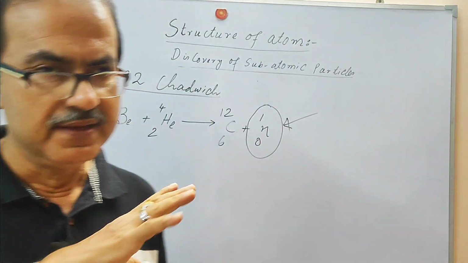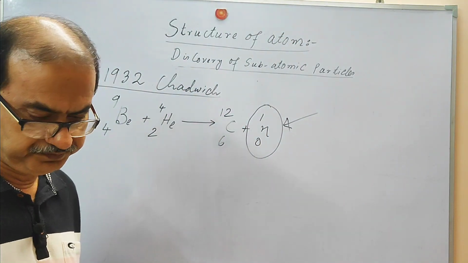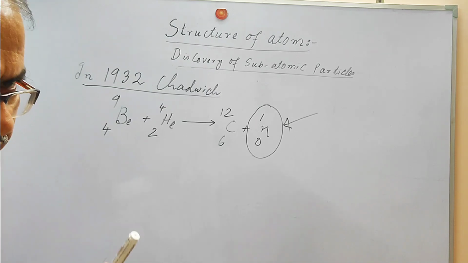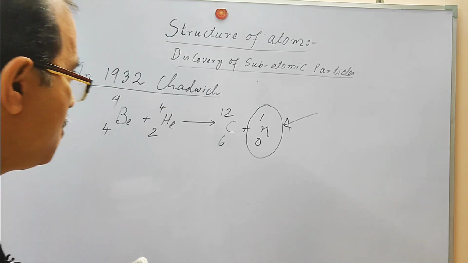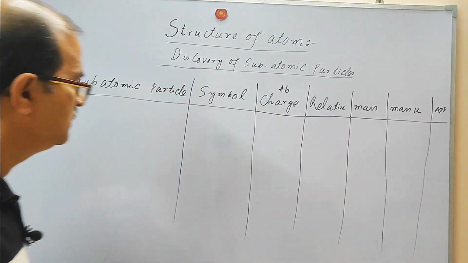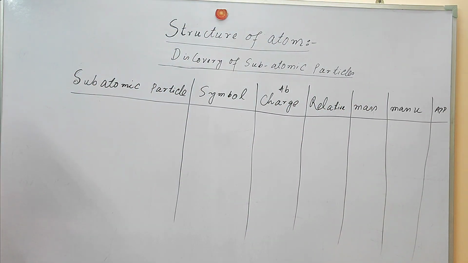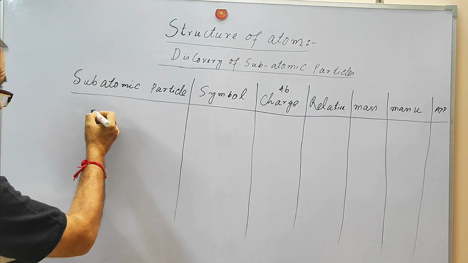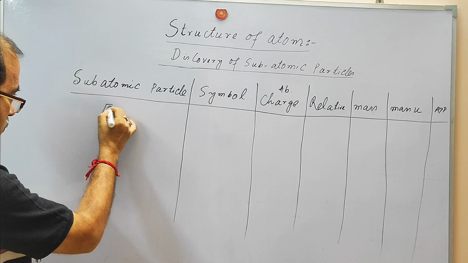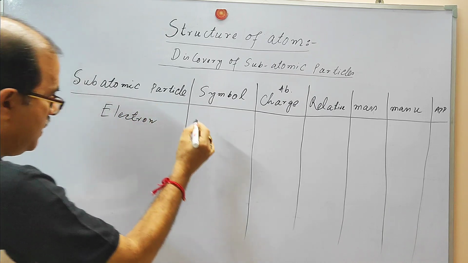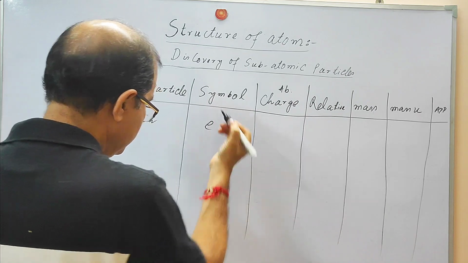Now we make a general chart of this, showing what the properties and characteristics of these particles are. In this chart, the first subatomic particle is the electron, and its symbol is e.